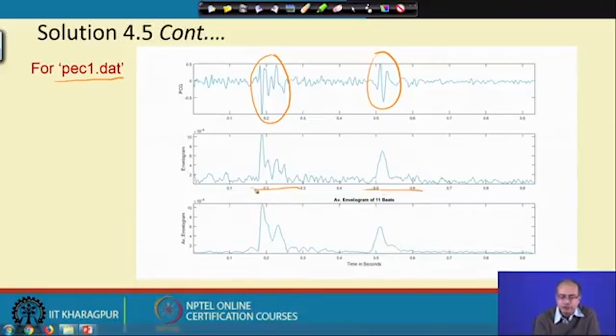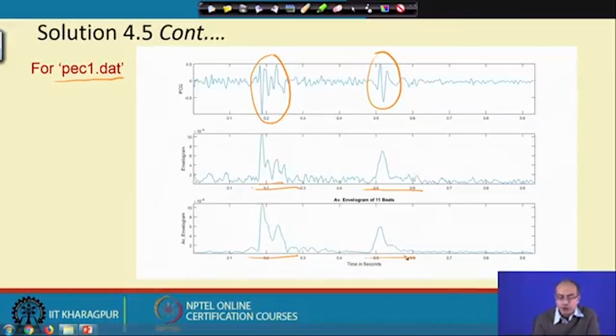Now, if you look at that S1, it has lots of variation here, especially this part. So, once we average it over a number of cycles, we get that it becomes much more smooth, and we actually get a much better envelope.